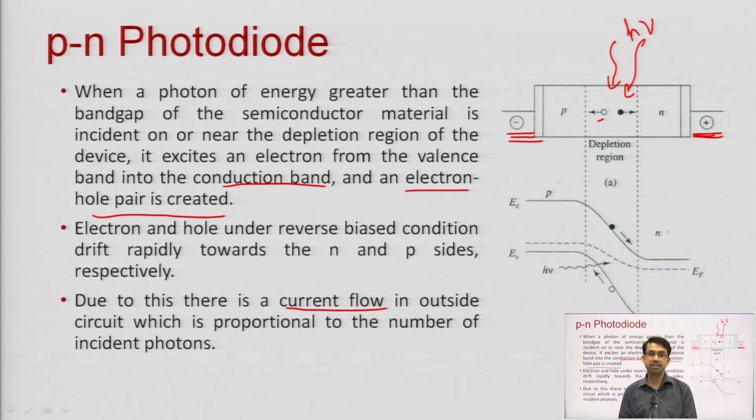Mainly this device is used in solar cells these days. For detecting light, it is not very much used. In solar cells also, this simple configuration is not used. Advanced materials and advanced configurations are there, those are mainly used in solar cells. Okay.